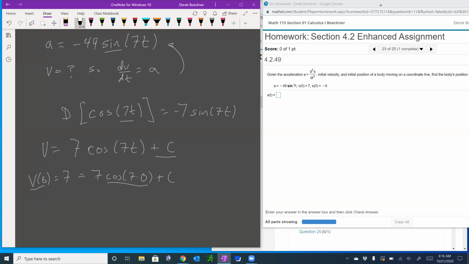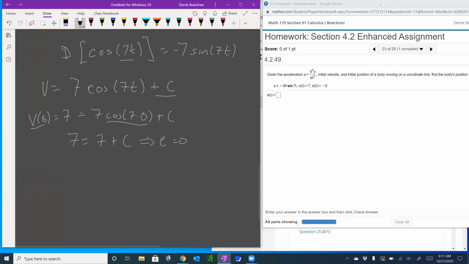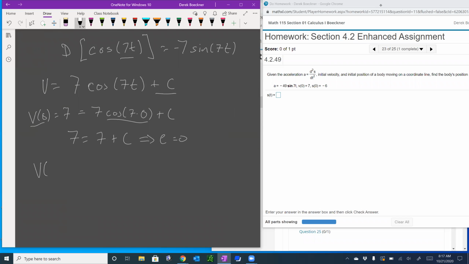Cosine of 0 is equal to 1. 7 equals 7 plus c. Tells me c equals 0. Good? Okay, so we know for sure the velocity function is equal to 7 cosine of 7t.